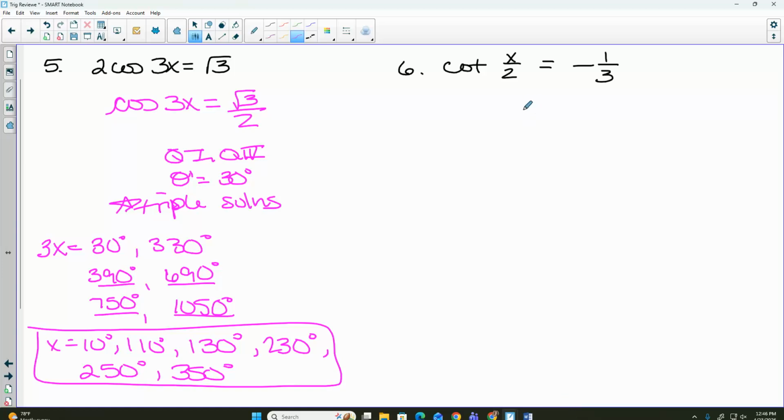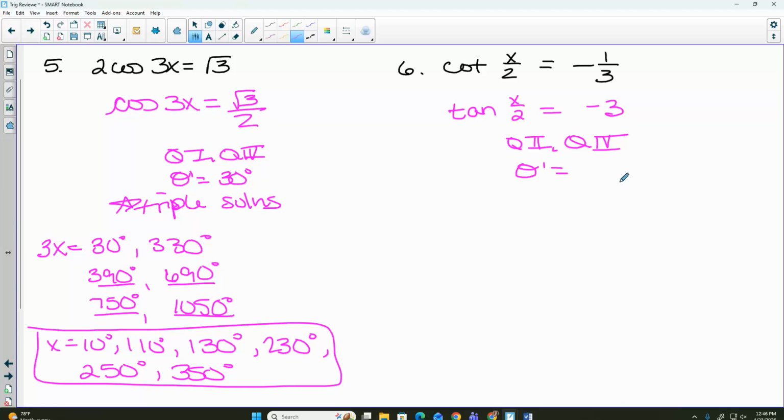All right, number 6. If you don't like thinking about cotangent, you could do tangent. That means tangent is equal to the reciprocal, which is just negative 3. Quadrants, when is tangent negative? Reference angle, do we know when tangent is equal to 3?